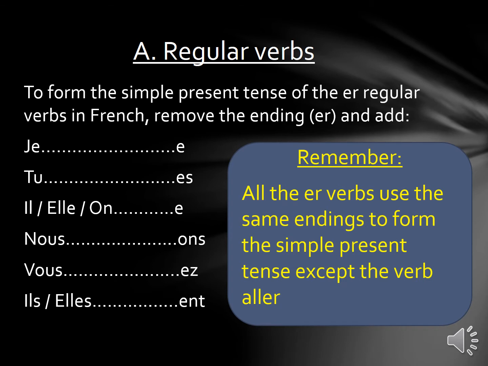But remember, all the ER verbs use the same endings to form the simple present tense except the verb aller. It's also an ER verb, but it doesn't follow the rule at all. And later we will learn about the verb aller and you will see it.